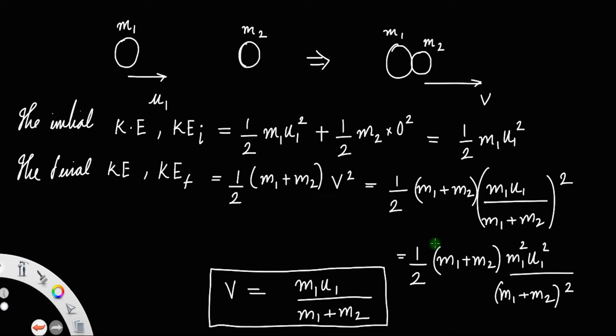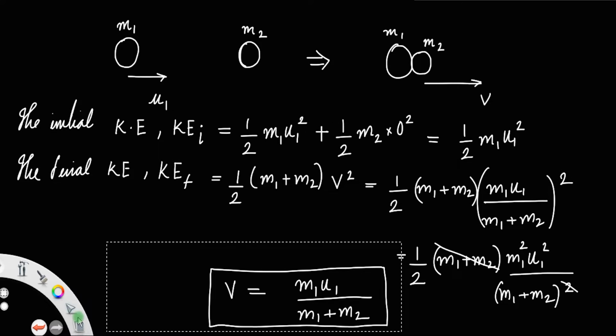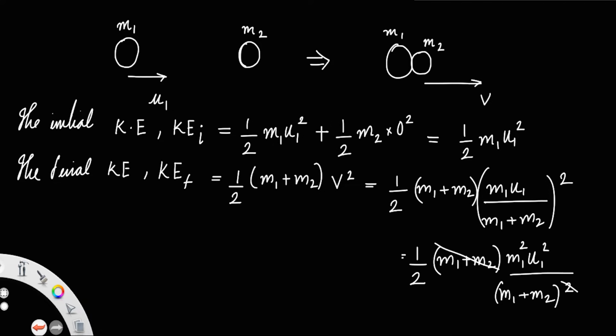You can cancel one of the m1 plus m2 and the final kinetic energy KEF is equal to half m1 square u1 square divided by m1 plus m2.